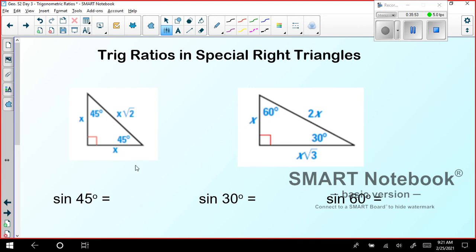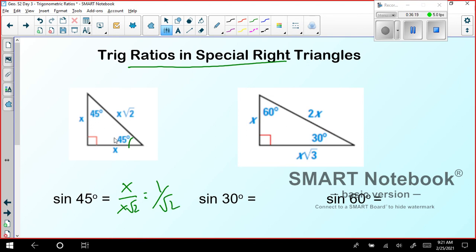Sine 45, just observe here. Sine 45 is nothing but, I can take any 45 degrees and go by opposite over hypotenuse. So here sine 45 with regards to this is going to be x over hypotenuse, which is x root 2. You can remember that sine 45 is nothing but 1 over root 2.